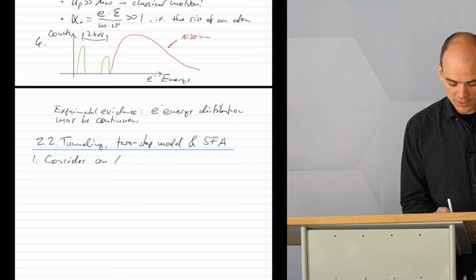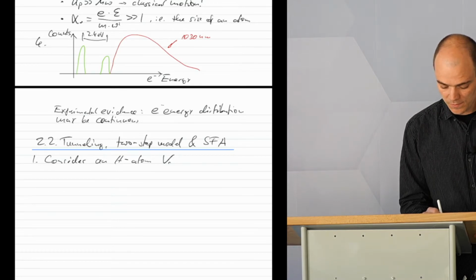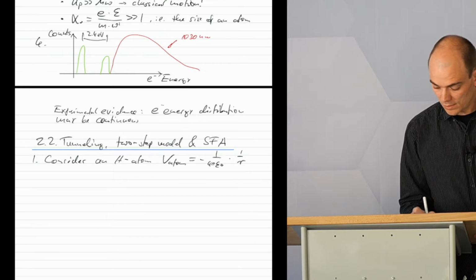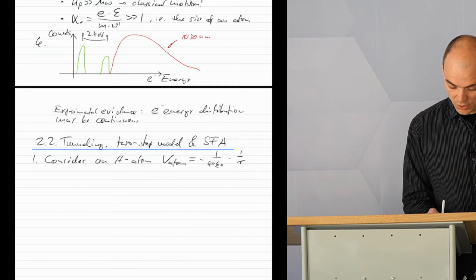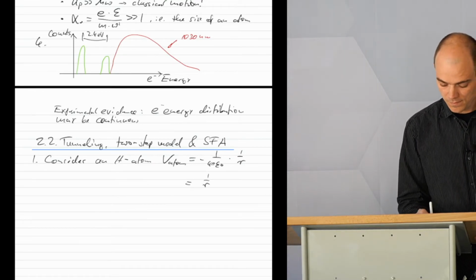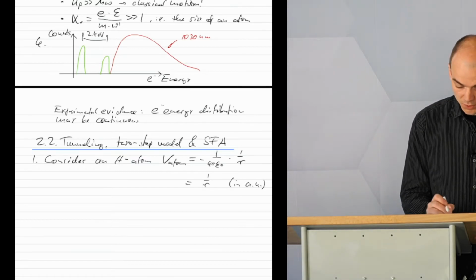Consider an H atom. So we have the potential V atom equals minus 1 over 4 pi epsilon 0 times 1 over r, and in atomic units this would be simply minus 1 over r. And what does this potential look like?